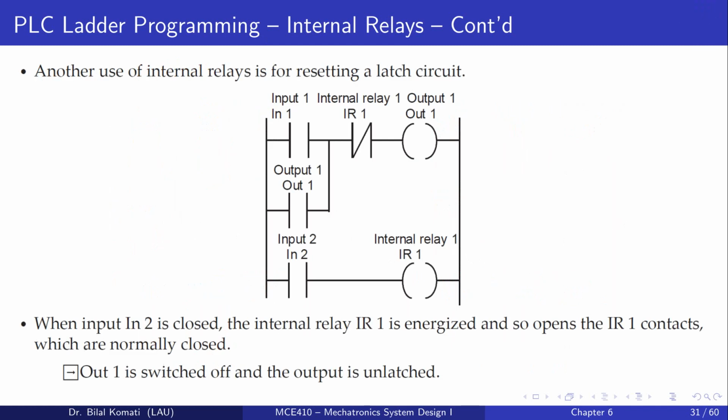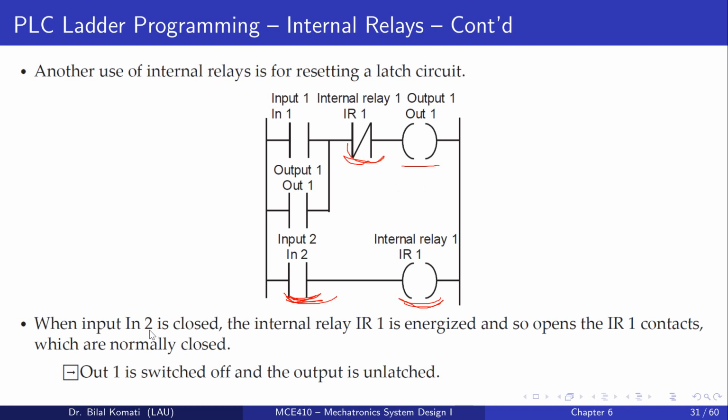Another use of internal relays is for resetting a latch circuit. If we have a latch circuit, we can use internal relays. If we press this input, the internal relay will be activated, and since here we have a normally closed contact, once it is activated it will open, and so it will stop the latching on output 1.